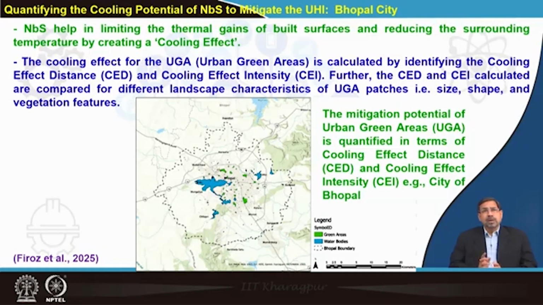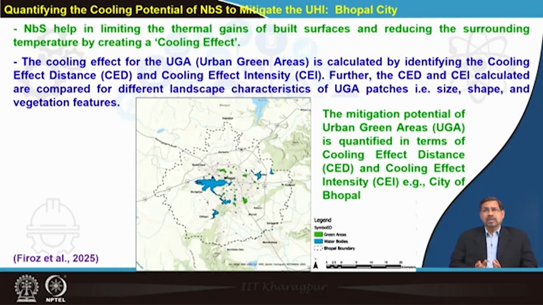Now, how is the cooling effect of urban green areas calculated? It is calculated by identifying the cooling effect distance, abbreviated as CED, and the cooling effect intensity, abbreviated as CEI.